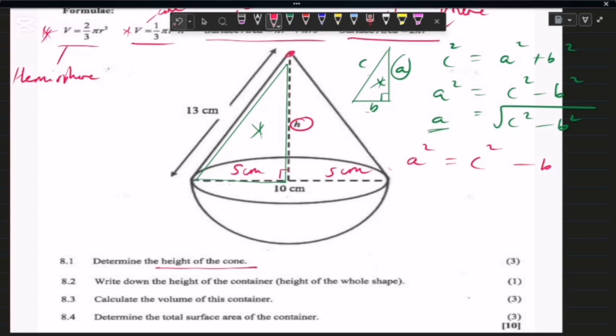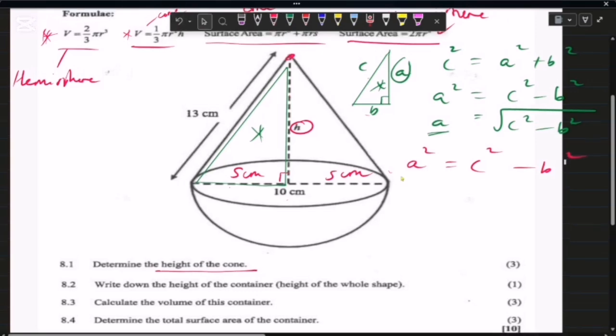Just for reference purposes, you can only use these letters if you draw a small diagram on the side and then annotate or label that diagram so that the person that is marking your work knows exactly what you're talking about. So what I'm saying is, before we even start, you can draw the small diagram on the side, and then you can put your B, your A, and C, and then you can use this formula because the marker will know what you are talking about.